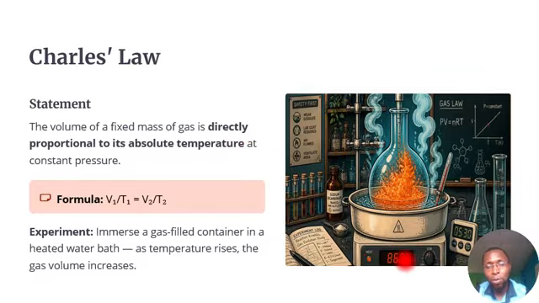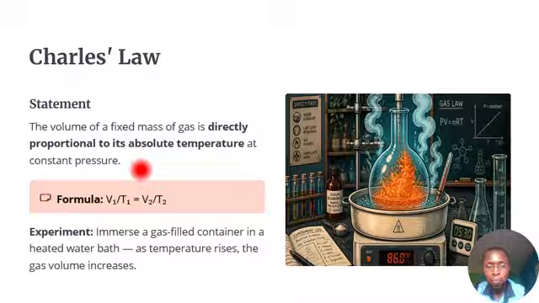When you increase the amount of heat that is being supplied to this container that has the gas, then you find out that the gases inside begin to occupy more space. So the higher the temperature, the higher the volume occupied by the gases. That's what the law is stating, that the volume of a fixed mass of gas is directly proportional to its absolute temperature. So it depends on the temperature. So the higher the temperature, the more the volume occupied.